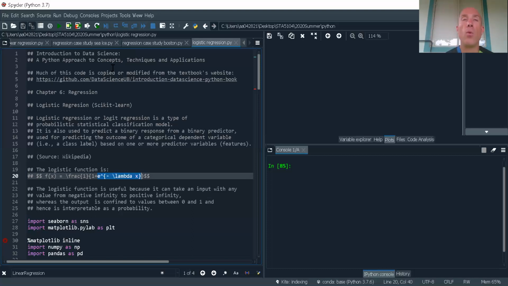Now, why are we doing the log odds? Well, if the probability of success is small and I divide by the probability of failure, I can potentially get a very small number, and I need a logarithm to make it easier to handle.